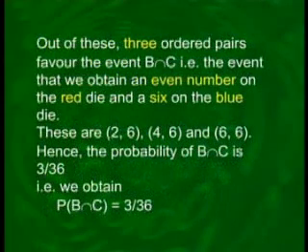Now, out of these, 3 ordered pairs favor the event B intersection C. That is, the event that we obtain an even number on the red die and a 6 on the blue die. और ये 3 ordered pair कौन से हैं? 2, 6, 4, 6 and 6, 6. Hence, the probability of B intersection C is 3 by 36.